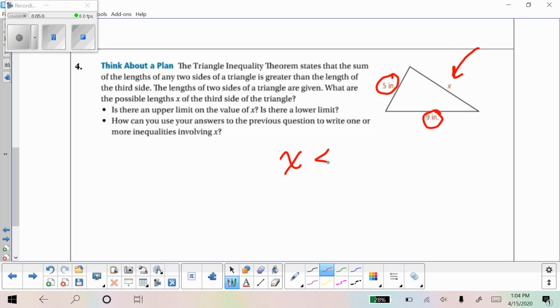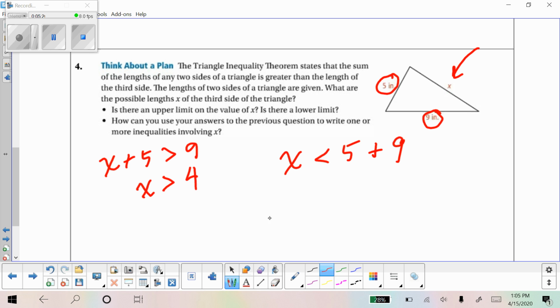X must be less than 5 plus 9. And then x can't be too small either, because x plus 5, if I add those two sides, they must be more than the third side, which is 9, which means x has to be greater than 4.